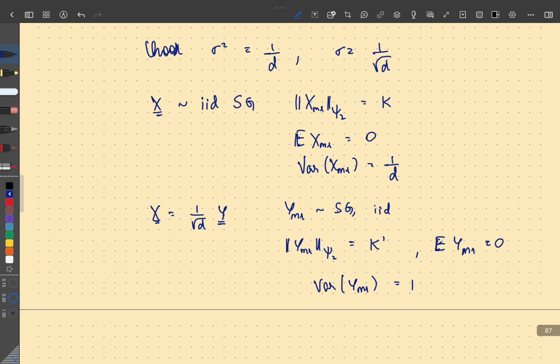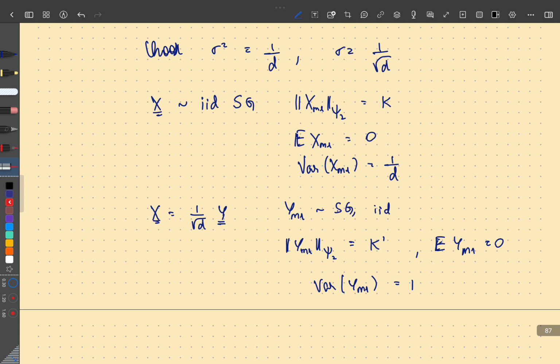Now, the reason why I'm interpreting everything in terms of the Y matrix rather than the X matrix is because now the variance of Y_ml is equal to 1, which means that I can choose the sub-Gaussian norm of Y_ml to be some constant which is independent of little d. Remember that there's an intimate connection between the variance and the sub-Gaussian norm.